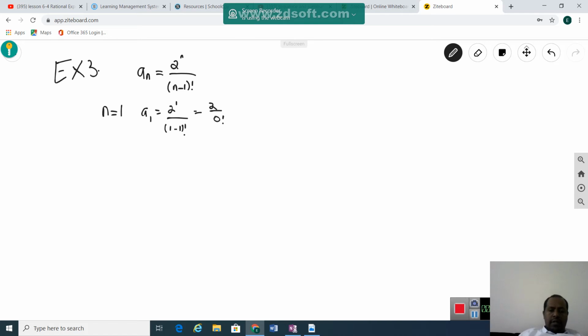And as we said earlier, 0 factorial equals 1. So our first term will be 2.